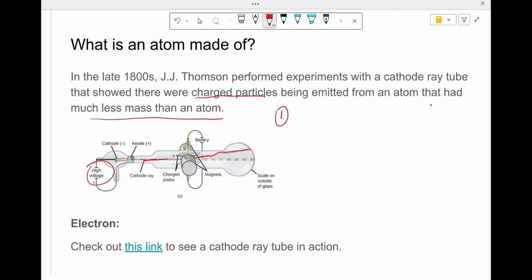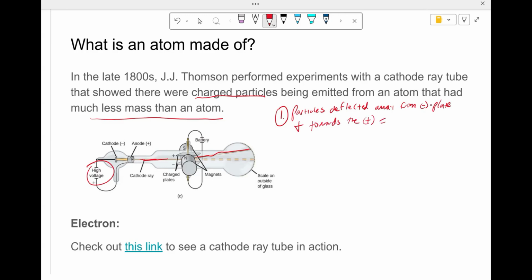Number one, these particles were deflected away from the negative plate and towards the positive plate. That was the observation. What does that mean?